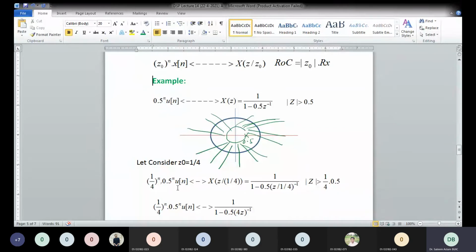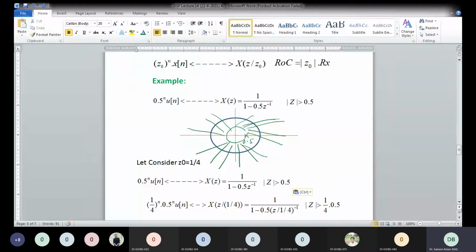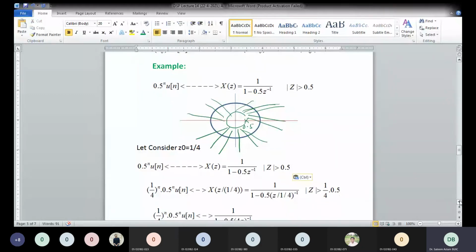तो जब आप z नॉट 1/4 टू रेज पावर n के साथ मल्टीप्लाई करेंगे तो होगा क्या? इनिशियली आपके पास क्या था? 0.5 टू रेज पावर n u of n. Let me copy it again, add one more step for further clarification, and |z| greater than this one, right? So what will happen now? Initially we have 0.5 to the power n u of n.